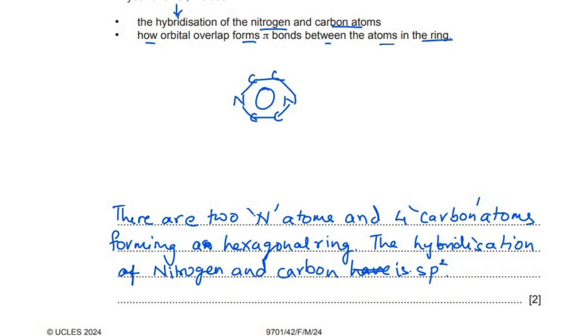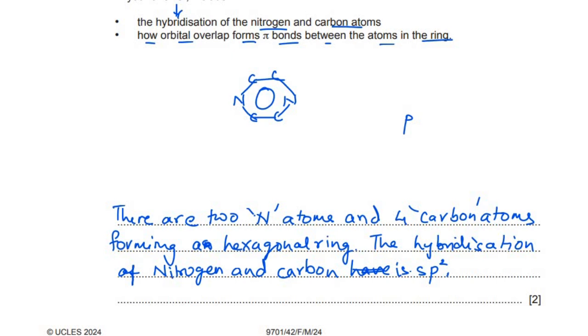Now they're asking how orbitals overlap to form pi bonds between the atoms in the ring. Both nitrogen and carbon are p block elements, so they have p orbitals in their outer shells. Both these p orbitals of nitrogen and carbon overlap sideways.